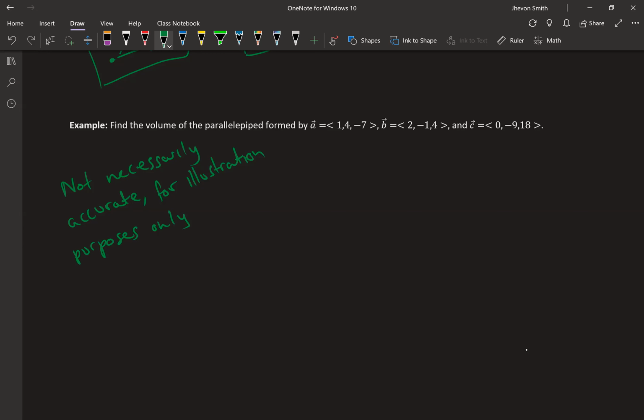But basically I'm just saying, okay, so I have a vector like this, a vector like that, and a vector like this. Essentially what I want to do is create this guy, the kind of guy that we were talking about earlier. And I want the volume of this.